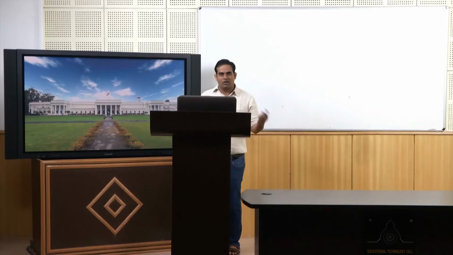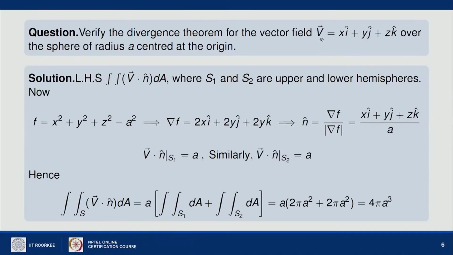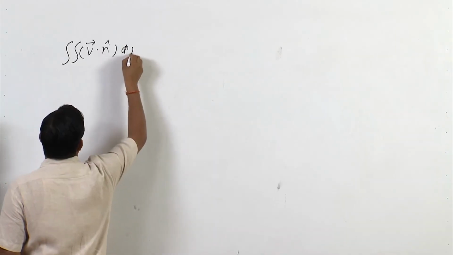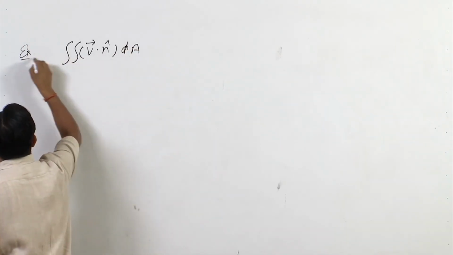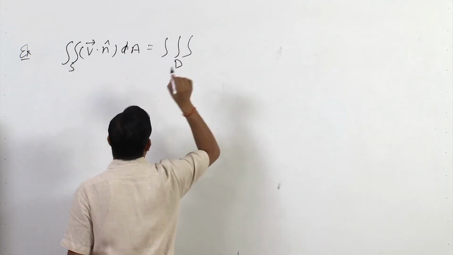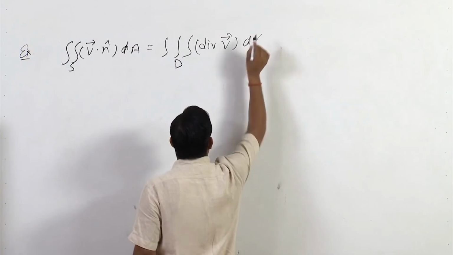Okay. Let us take one more example where we need to verify the divergence theorem. So, verify the divergence theorem for the vector field V equals to xi plus yj plus zk over the sphere of radius a centered at the origin. Okay. So, my divergence theorem is the surface integral of V dot n dA equals the triple integral of divergence of V dV.